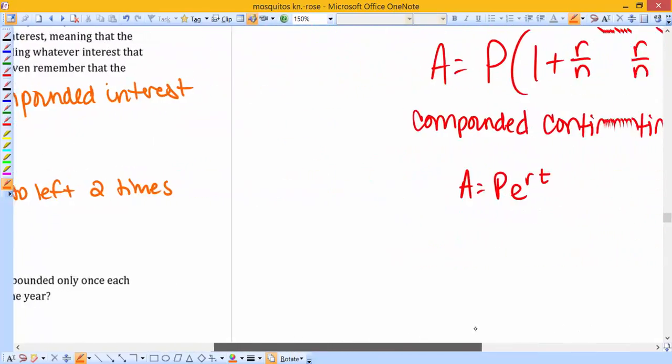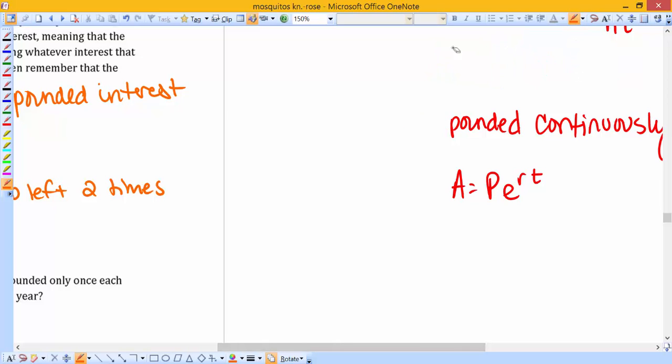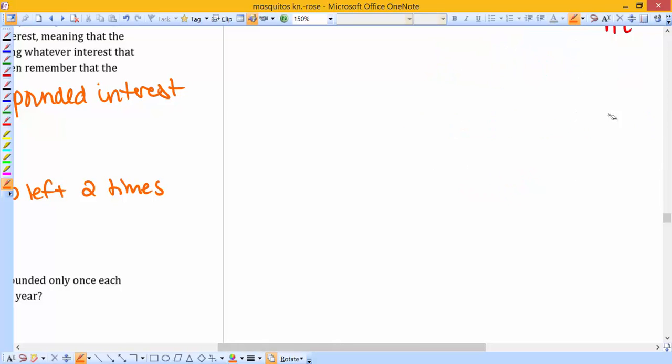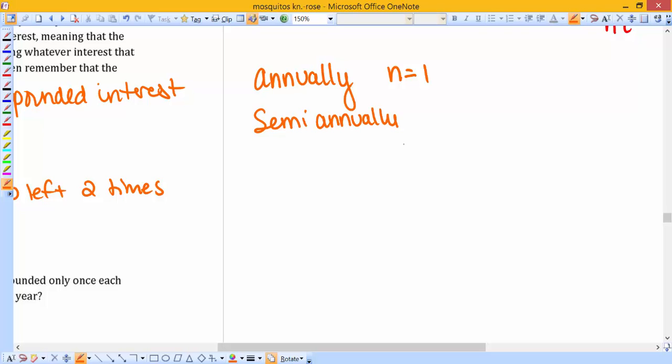Ignore that stuff. You don't need that. Let me erase that. I didn't know that was over there. Okay. If it says annually, that's once a year, so your N will equal 1. If it says semi-annually, that's twice a year, N equals 2. Triannually, 3. If it says quarterly, N will equal 4.